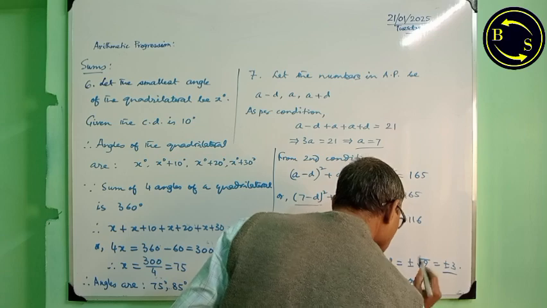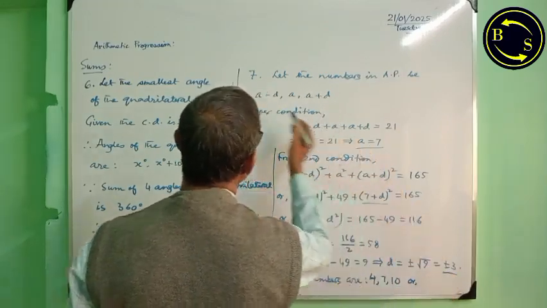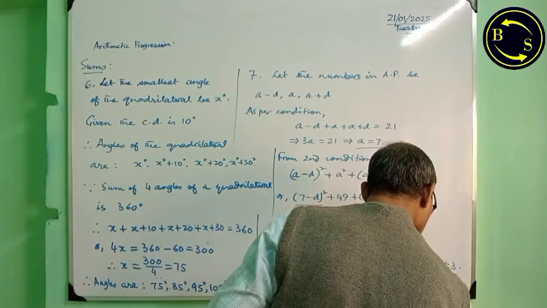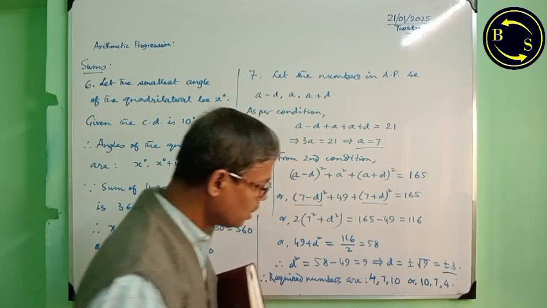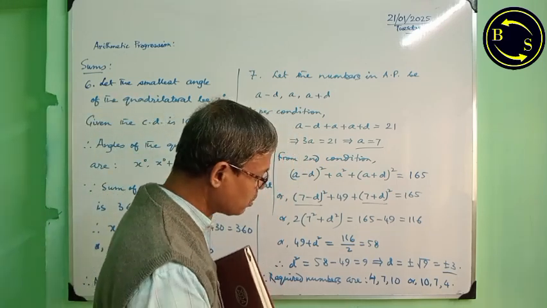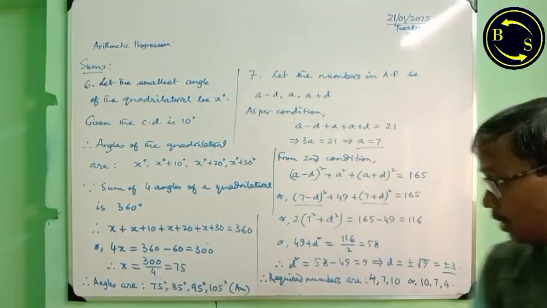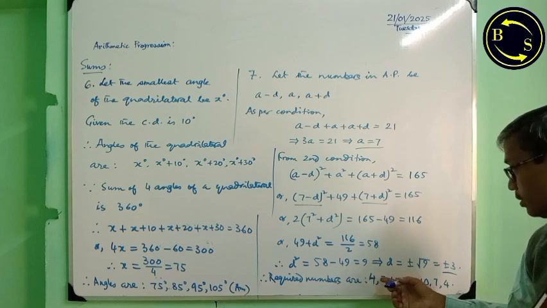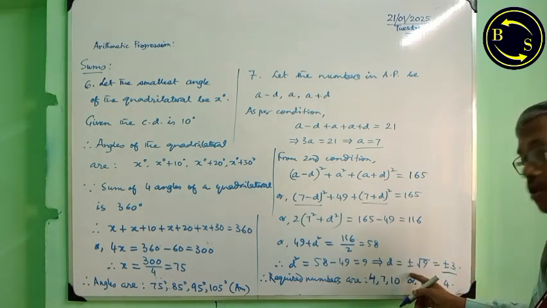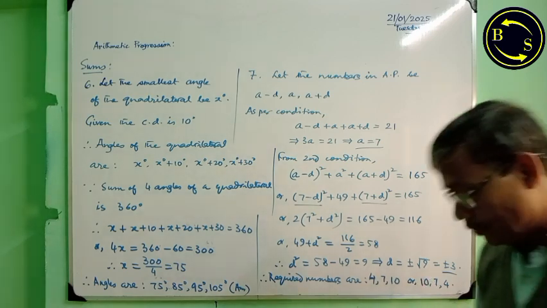Or taking minus 3 first, then 7 plus 3, that is 10, 7, 4. Actually, we are getting same numbers, just in different order, 4, 7, 10 or 10, 7, 4. But students, remember, you must use both symbols, positive and negative, and write the answers like this.